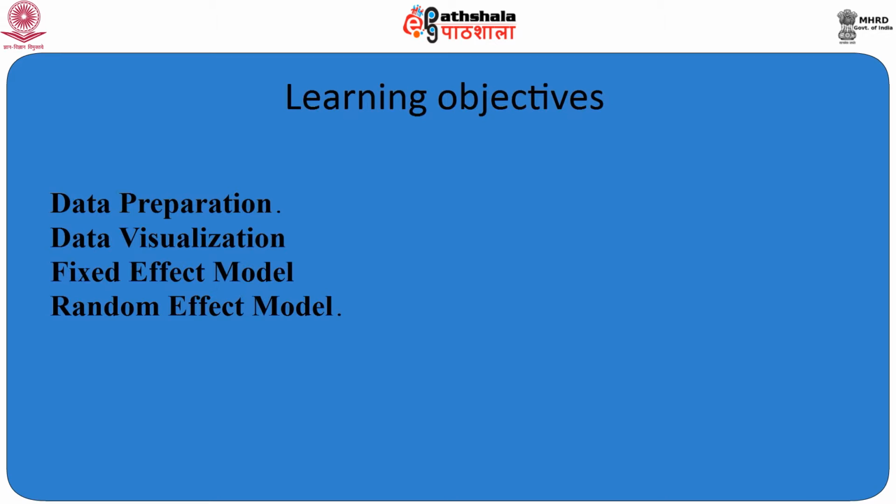In this module we will see how to prepare data for cohort study, how to visualize data for cohort studies, and applications for fixed effect modeling as well as random effect modeling.